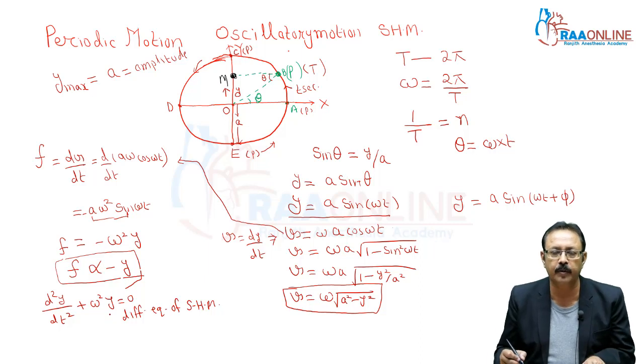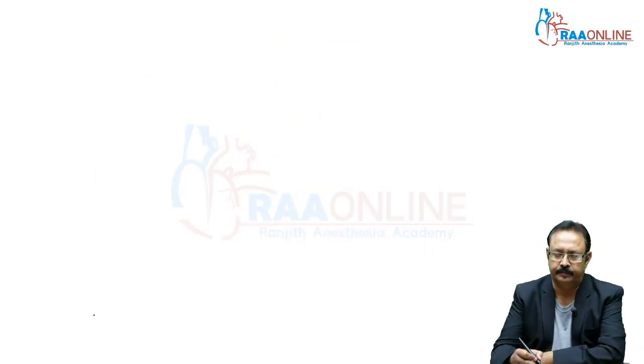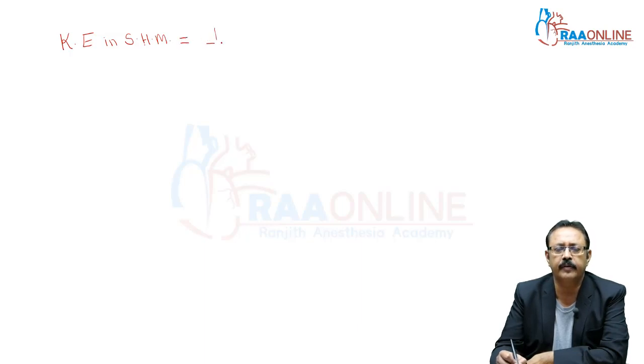Now we will talk about the kinetic energy. The kinetic energy in simple harmonic motion is given by, you know what kinetic energy is, half m v square.